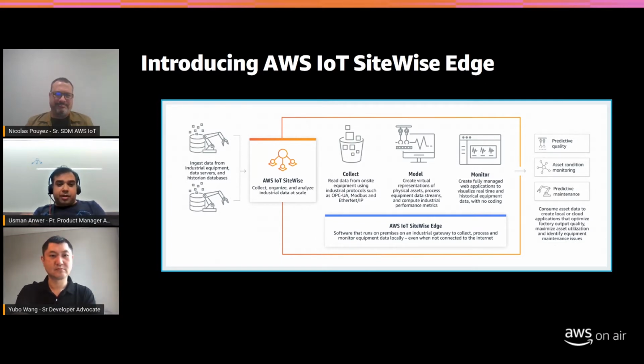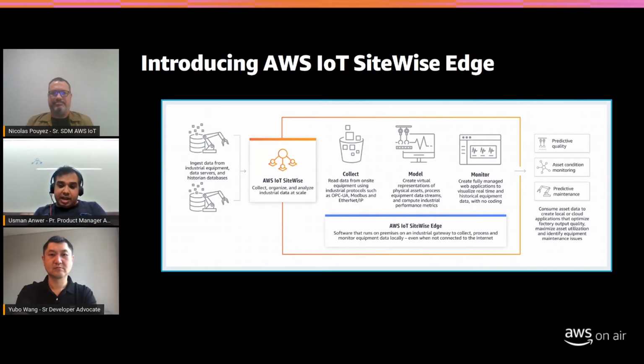So there are several reasons. A big reason that customers tell us is often their industrial facilities are located in remote areas where the internet connection can be intermittent. So if they're doing local monitoring, such as they have built a dashboard to monitor efficiency of a production line, they want to make sure that that dashboard continues to work even if the connection to the cloud is unavailable.